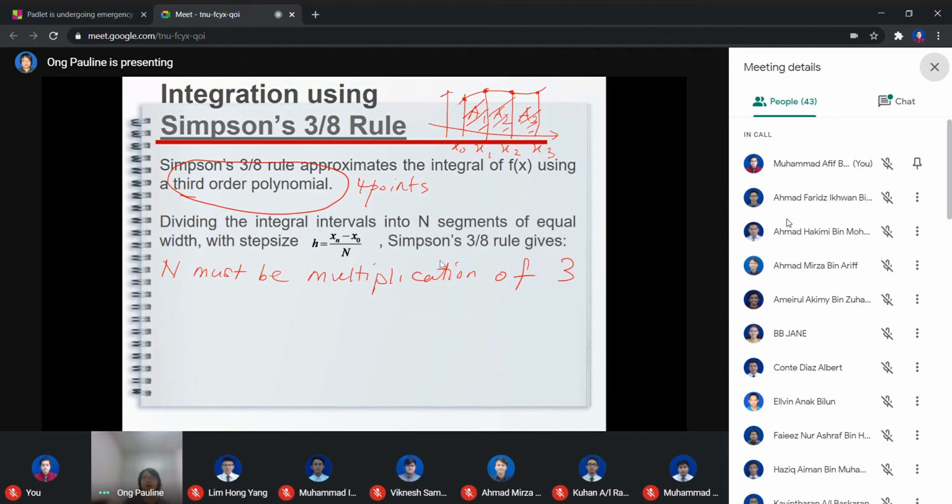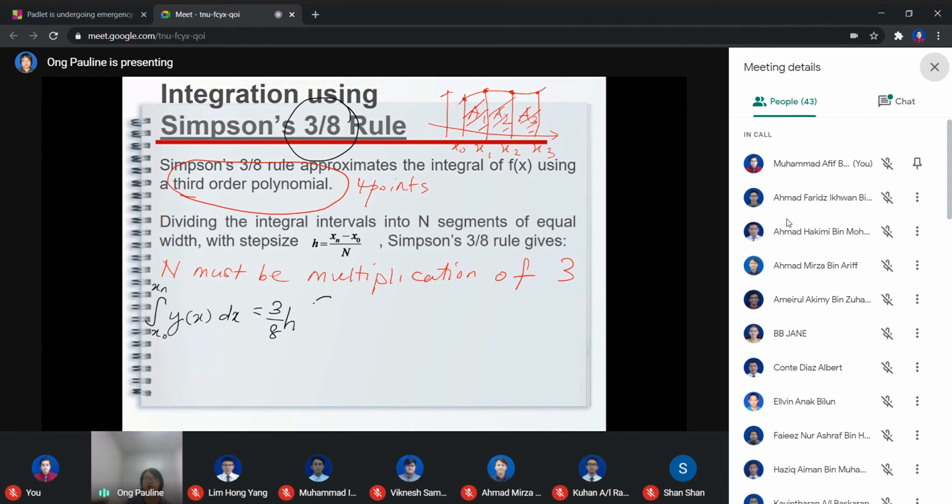Right. For the Simpson's 3/8 rule, the equation will look like this. You try to find the integration from x naught to xn of y(x) dx. So it gets the name of Simpson's 3/8. Here I shall have 3/8 h.